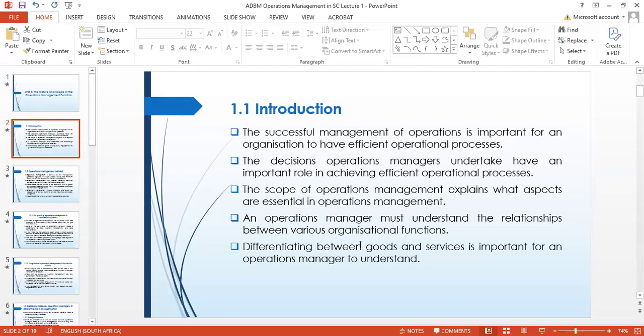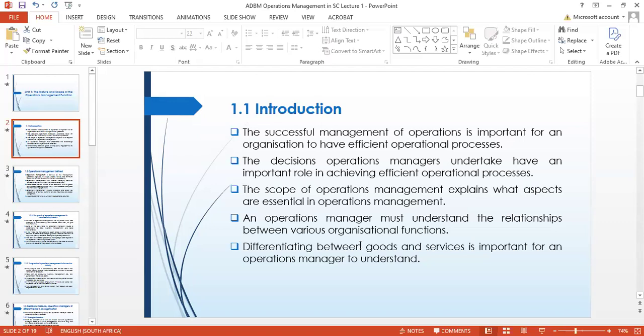If these operations managers manage these operations well, we are going to see these operations being efficient, meaning they are going to enable the business to reduce operational costs, right? So these operations managers are very important in an organization. Because when we're talking of costs, if costs are not managed, then they reduce the profitability of an organization. So they have a very big role that they play in an organization. The decisions that operations managers make affect the organization to a large extent.